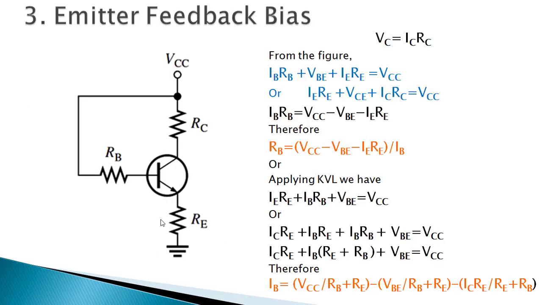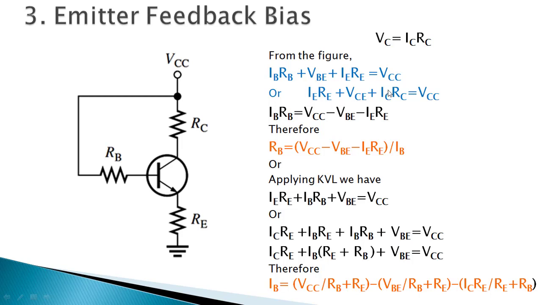The third type is the emitter feedback resistor method. Here we have one more resistance, the emitter resistance, which is connected between emitter and ground. This emitter resistance is involved in both the output side and the input side. These are the KVL equations, from which we obtain the value of RB and the value of IB.